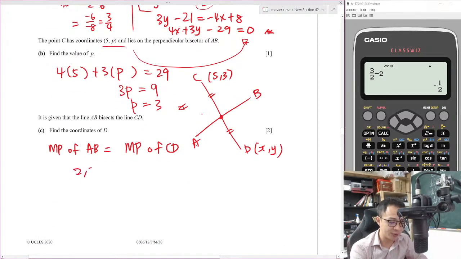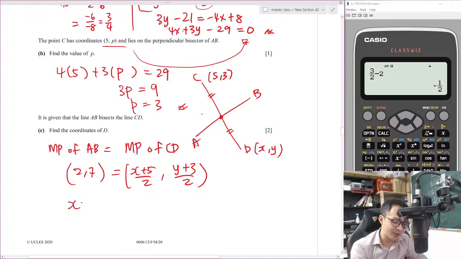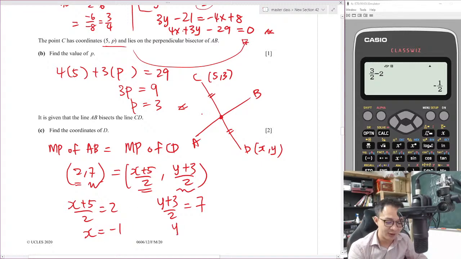And then if I want to find the midpoint of CD, it will be x plus 5 over 2, y plus 3 over 2. So x plus 5 over 2 equals 2, y plus 3 over 2 equals 7. X equals 4 minus 5, negative 1. Y is 14 minus 3 equals 11. So I guess the coordinate D is negative 1, 11.